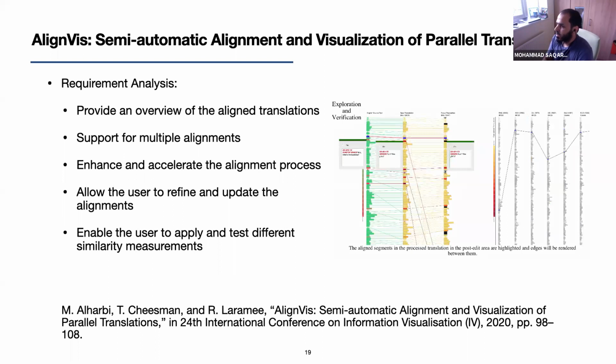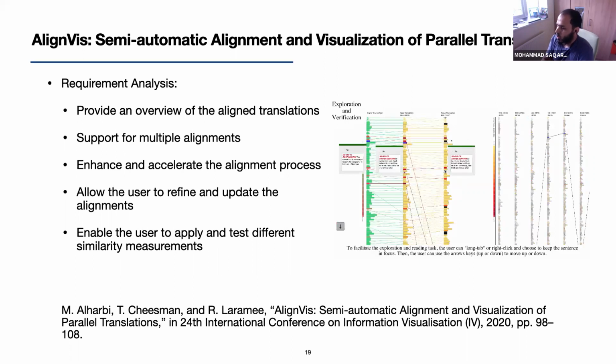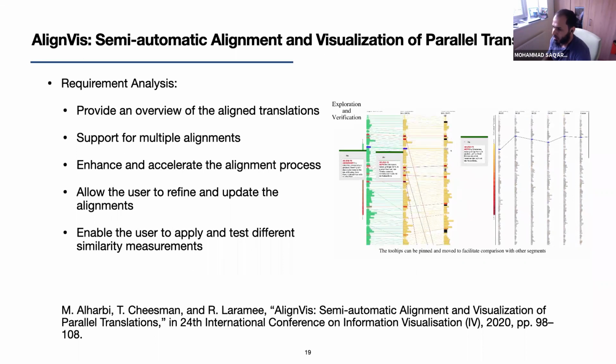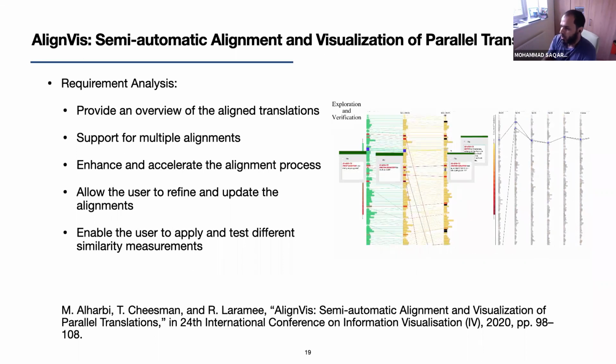The requirements analysis is to provide an overview of the aligned translations, as you can see on the right. Also, the support of multiple alignments, and to enhance and accelerate the alignment process. Also, to allow the user to intervene in the alignment and refine and update the generated automatic alignments. Also, to enable the user to apply and test different similarity measurements for each alignment.